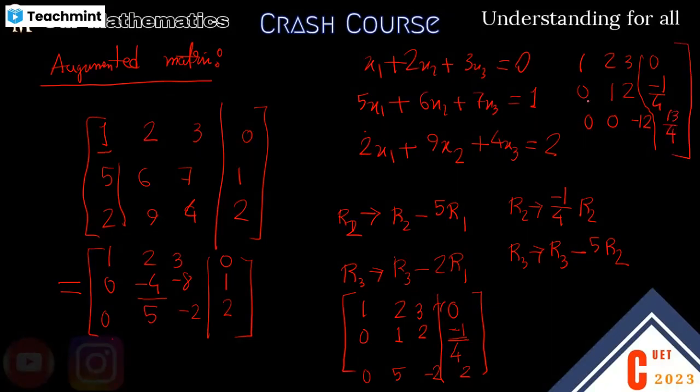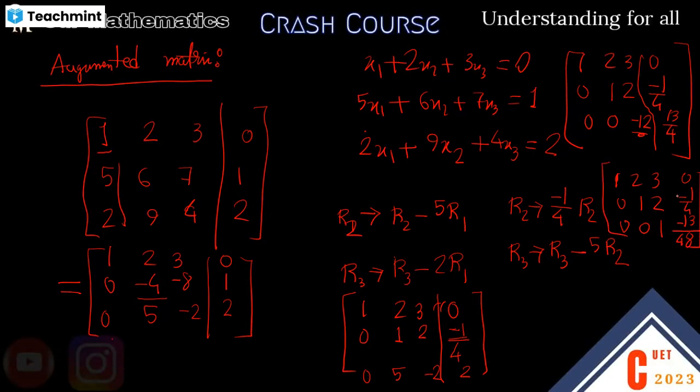If we keep reducing like this, then we will make this as 1. It will become 1, 2, 3, 0, 1, 2, 0, 0, 1. We just have to multiply with minus 1 by 12, right? So if we multiply by minus 1 by 12, it will become minus 13 by 48, 0 minus 1 by 4.